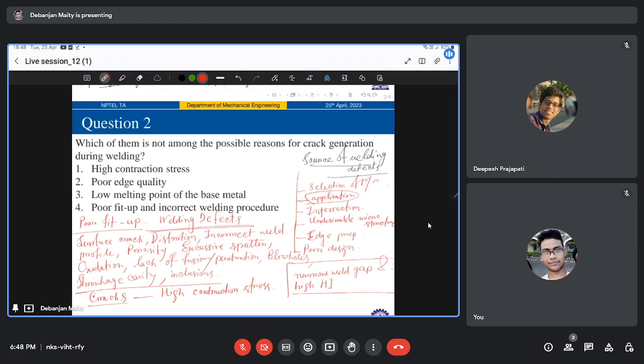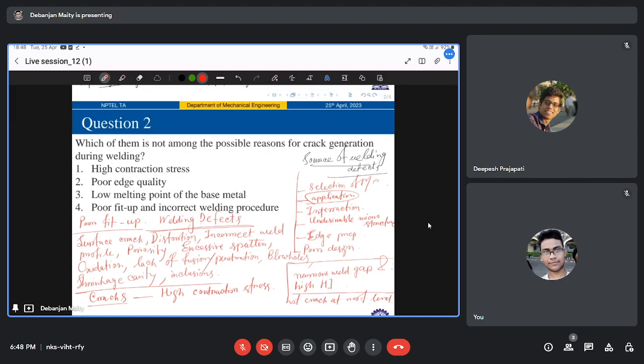They cause these hot cracks, and normally a hot crack will form at the root level. Now, even in terms of welding speed, high welding speed can cause cracking, especially in aluminum weldments, right? And these are the different reasons for cracks.